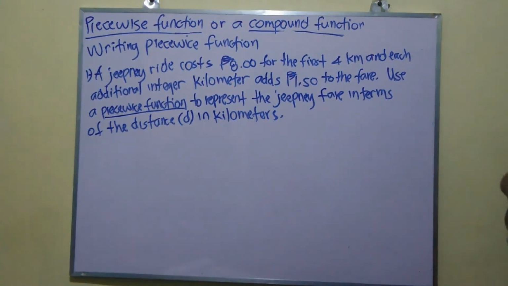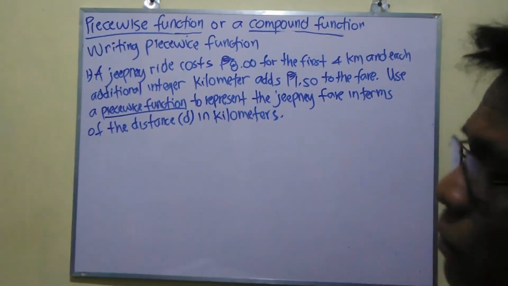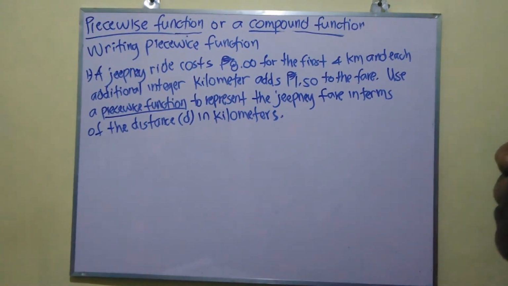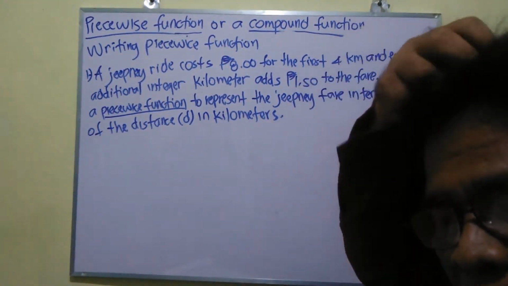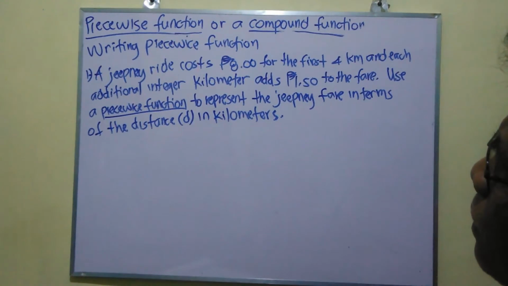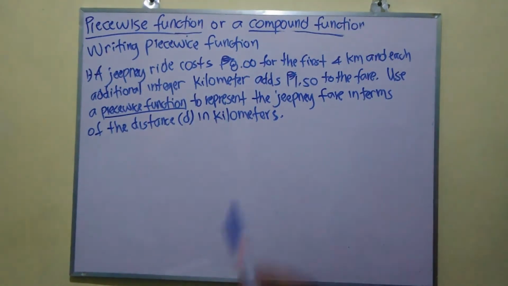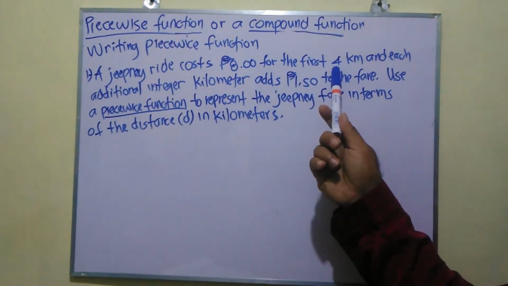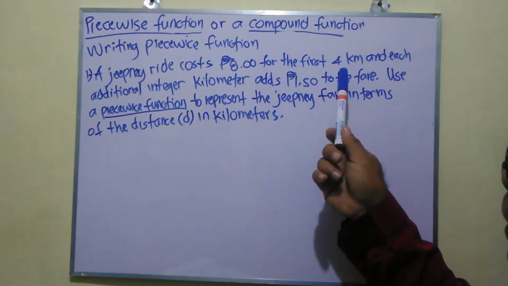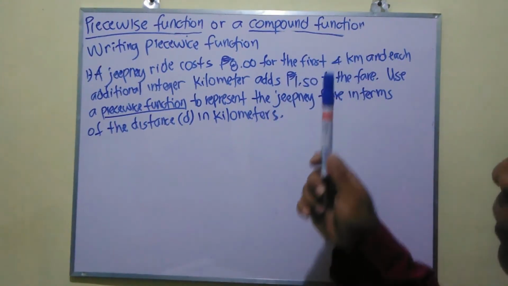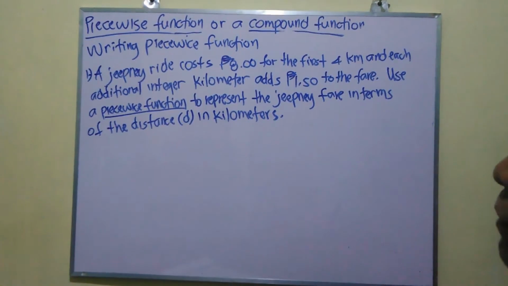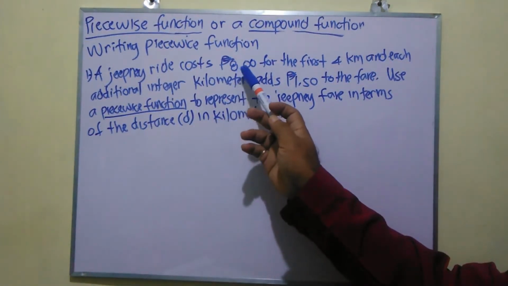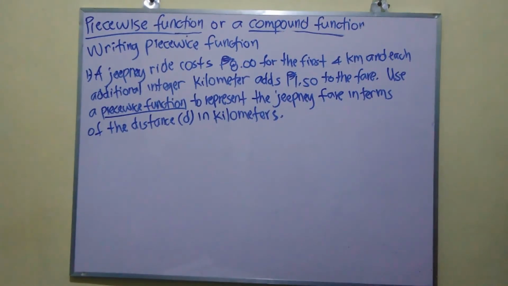Okay, so our problem talks about the fare. So the first fare from the first 4 kilometers, meaning from 0 up to 4 kilometers of distance traveled by the jeepney, the fare is 8 pesos.